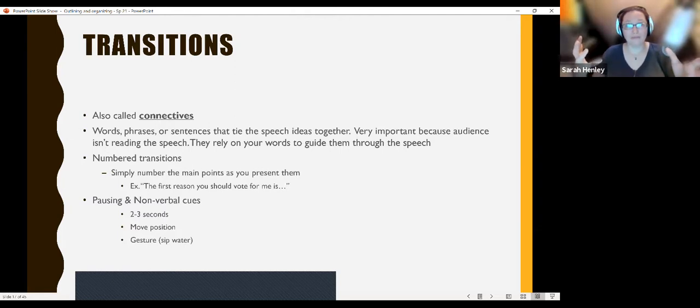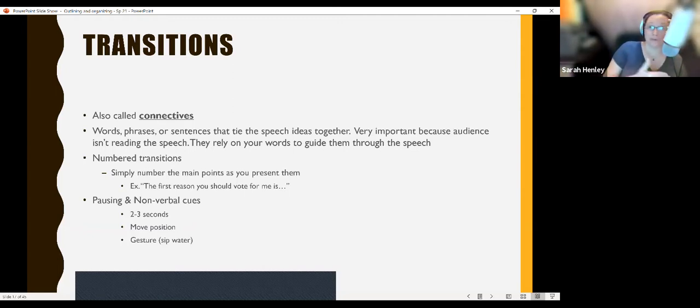So imagine I'm physically moving around a space. Maybe the first body part of their speech is over here. Then when they transition into the second portion, they move to the center of the room. And then when they move to the third portion, they move to the other side of the room. So that can definitely reinforce for your audience, and certainly is helpful.